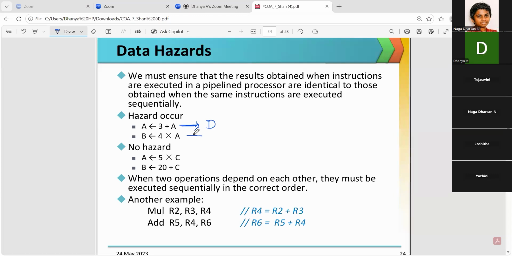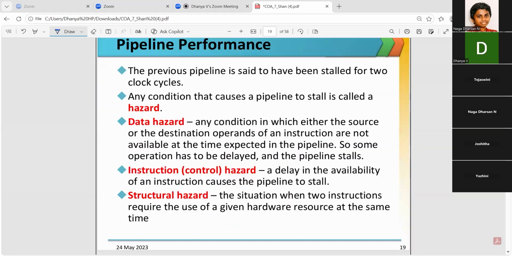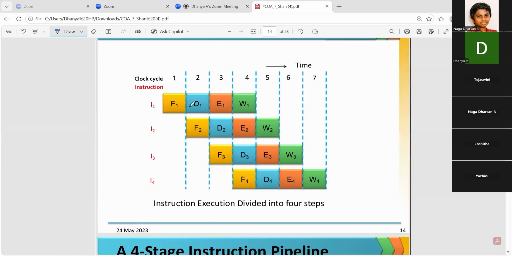This is your fetching stage. Let's go to our previous example of four-stage pipelining.